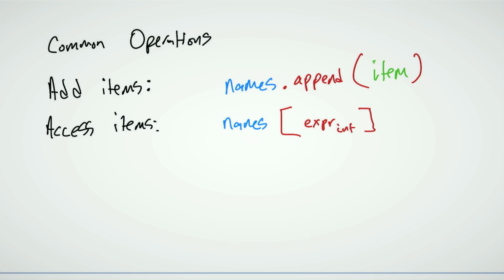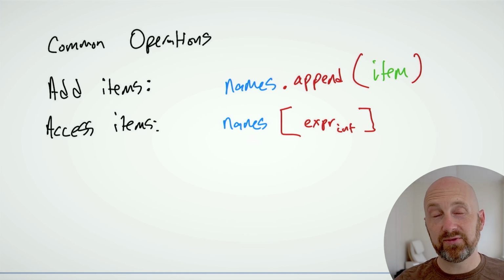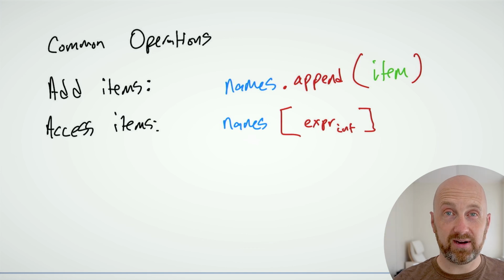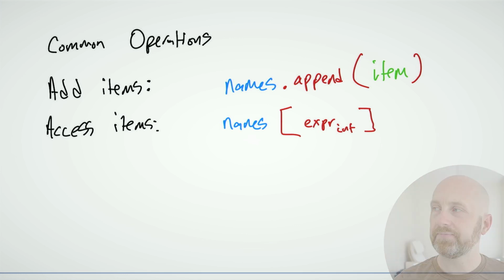And this is important. This is one of the big ideas of sequences in this particular syntax. Because we can use an expression of type int here, that means we can use an integer variable. And that's what's going to allow us to write a loop that iterates over each index in our list and prints out its value, right? Or accesses its value to do some computation with it.